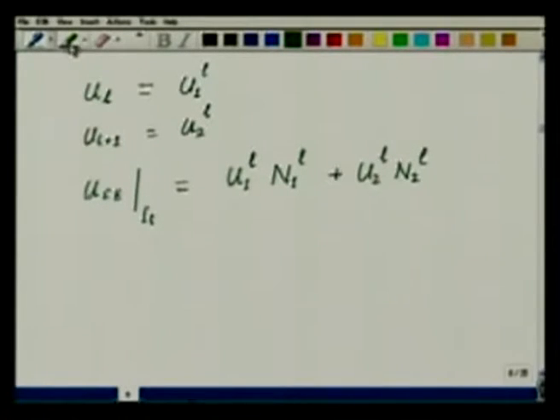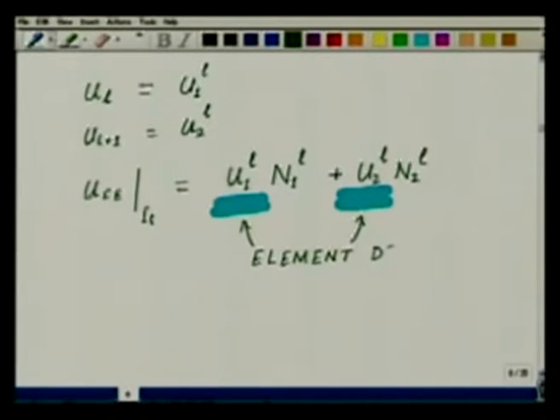Okay. So these guys have to be given a name. These are the element degrees of freedom.